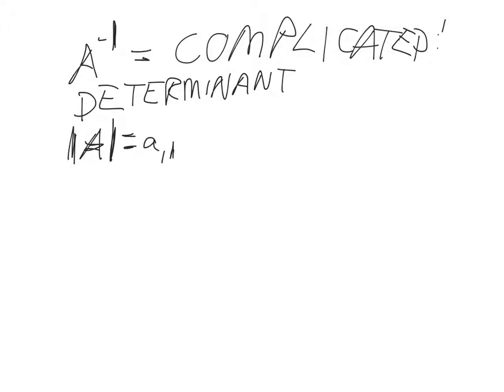It is A11 times A22 minus A12 times A21. Okay? And if that is non-zero, then we have a matrix inverse.